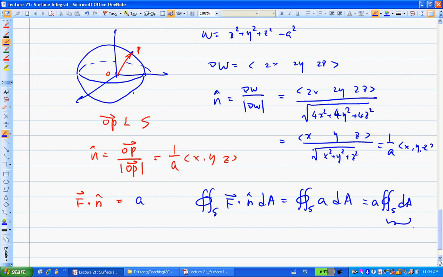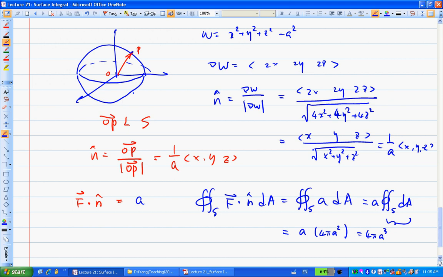This basically means the area of the surface of this sphere, and you have a formula for that, which is 4 pi a squared. So overall, this is 4 pi a cubed for this surface integral. This gives you a sense of how you would calculate this flux.